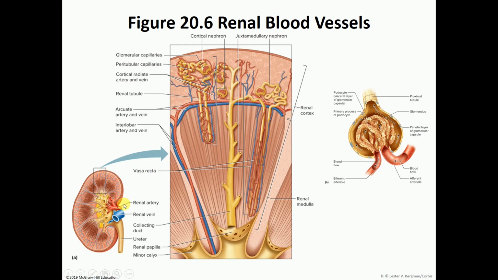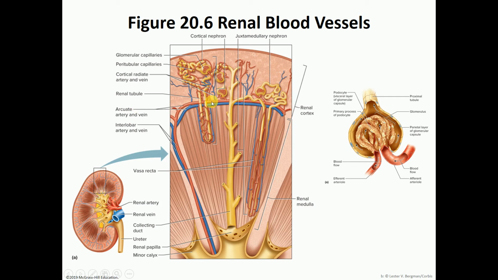So here you could see the renal arteries, which are direct branches off of the aorta. And then the artery is going to start dividing into these interlobar arteries. Interlobar arteries pass between the pyramids until it reaches the top of the pyramid and it arches above it, and that is known as the arcuate artery.